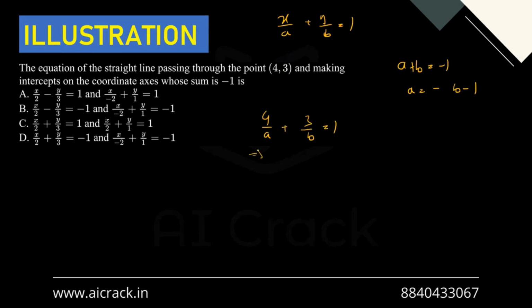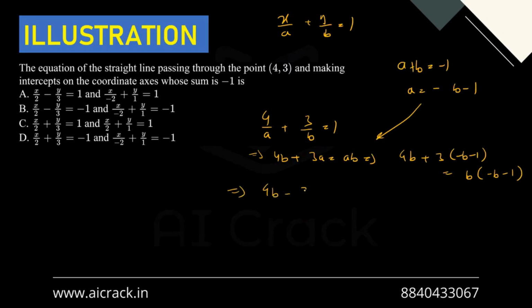So basically that would become 4b plus 3a equals ab. If I use this one over here, that would give me 4b plus 3 times (minus b minus 1) equals b times (minus b minus 1). So this would become 4b minus 3b minus 3 equals minus b square minus b.